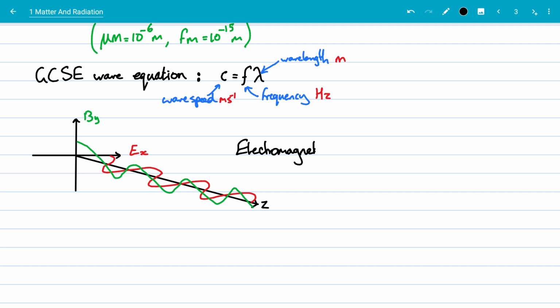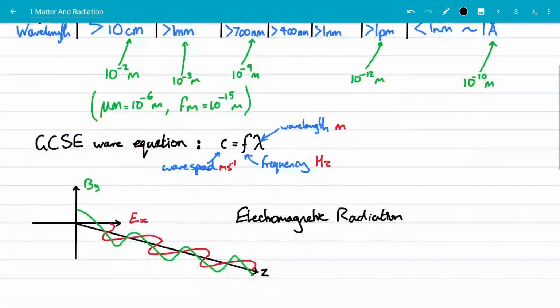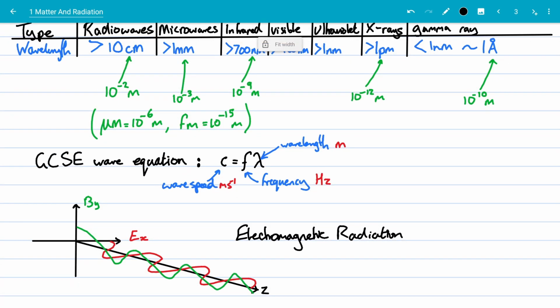And if we have higher frequency radiation, that means a smaller wavelength radiation. If we have lower frequency radiation, that means a larger wavelength, because of that equation c equals f lambda that you can see in the middle of the screen.